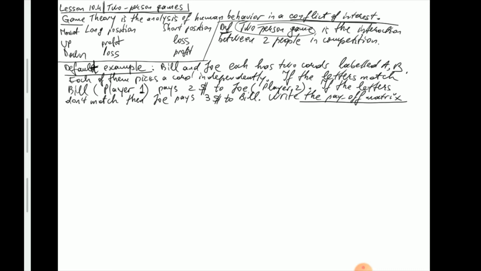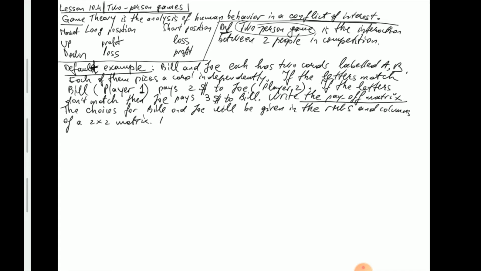So to standardize how you write these matrices, because we're going to arrange the choices by rows and columns, let's write it down like this. The choices for Bill and Joe will be given in the rows and columns of a 2x2 matrix.